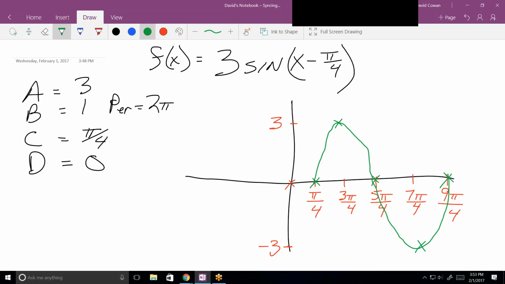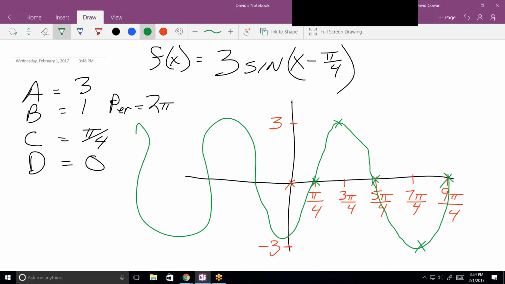Now, if he only asks you to draw one period of it, that's fine. You're going to end up having to go both ways on these things. In other words, the next thing that's coming is they're going to show you charts, and you have to figure out what the sinusoid function is from the graph. In this case, you'd be looking at something like that, and they might show you 2 or 3 periods of the graph.